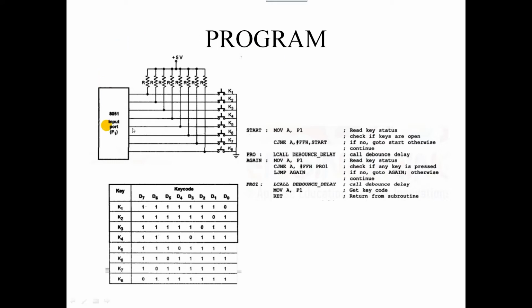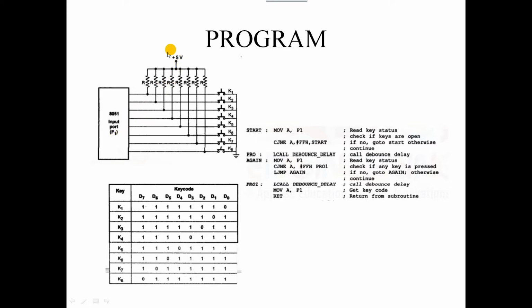So here we are having a practical circuit where the 8051 port 1 is connected with the keys. 8 keys have been connected with the 8 port pins of port 1 of the 8051.